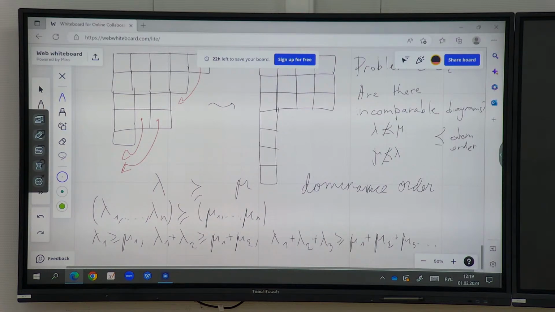So, these guys, this guy dominates all these guys. So, what are moves? Moves are weights of power.